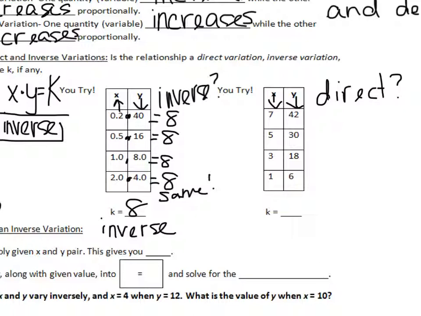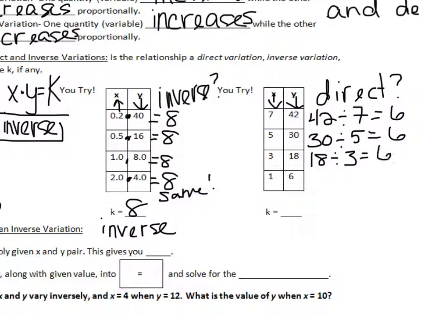Well, 7 times what is 42? And if you don't know that, you could also think of this as 42 divided by 7. And that's 6. So we need all of them to divide to be 6. So 30 divided by 5 is also 6, so far so good. 18 divided by 3 is 6.